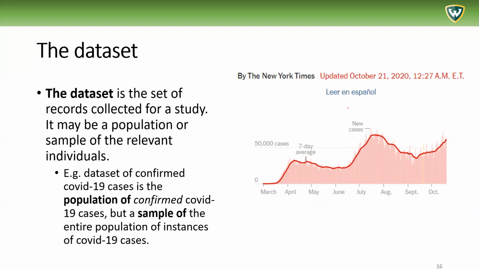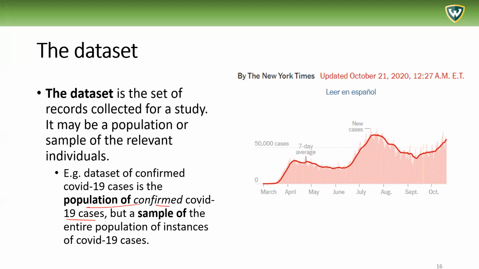The data set. The data set is the set of records collected for a study. It is also called the data. It may be a population or a sample of the relevant individuals, as we're just discussing. And that's actually an interesting example when we talk about the cases of COVID-19. So we can have a data set of confirmed COVID-19 cases as the population of confirmed COVID-19 cases.